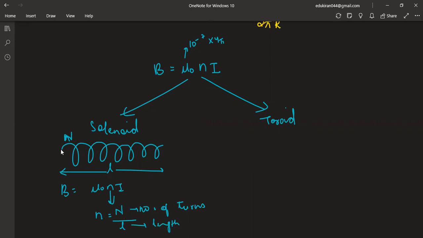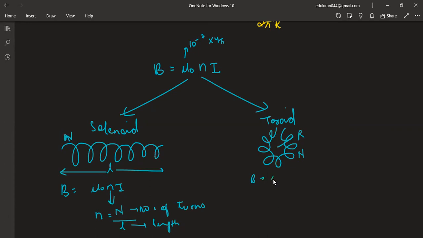And if you join the ends of the solenoid, what will happen? This is how your figure will look. Even if you curl and turn this inwards, this is how your figure is going to look. This is known as a toroid, just a circular form of solenoid. Here also you have a radius of this toroid and number of turns.